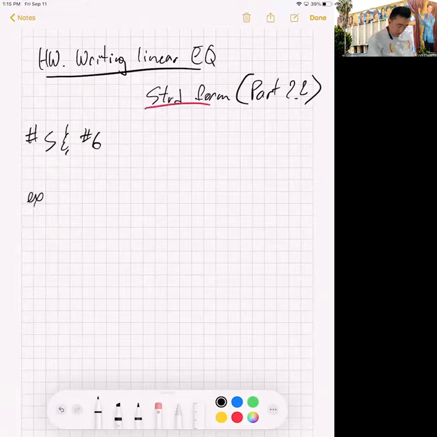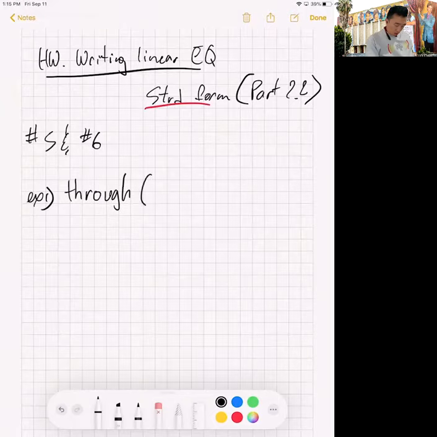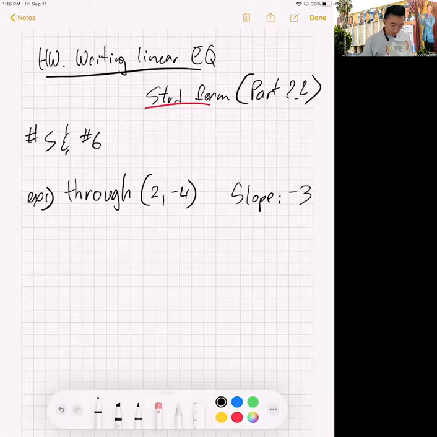So on that part, they're going to give you a point that it tells you, hey, it goes through, let's go with 2 comma negative 4, and the slope is negative 3.